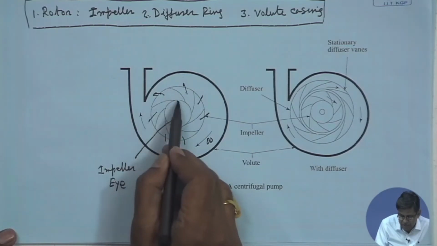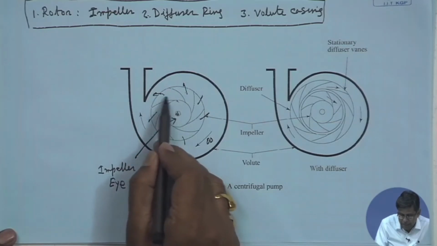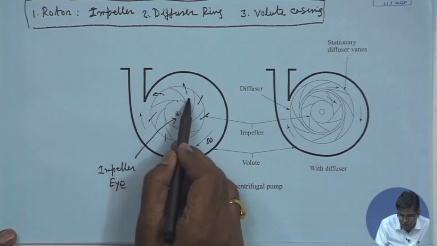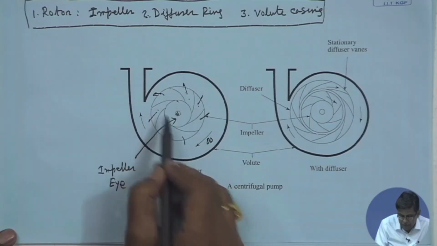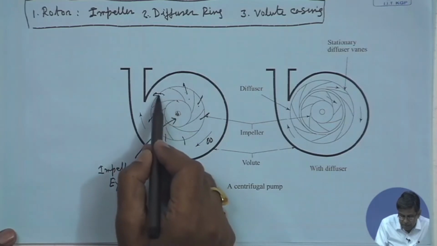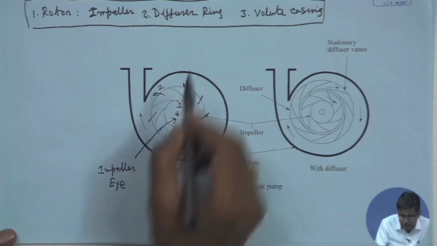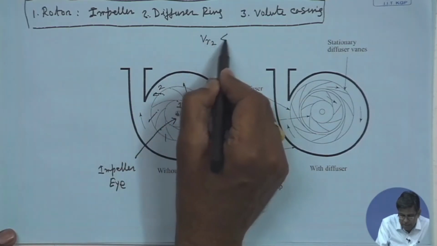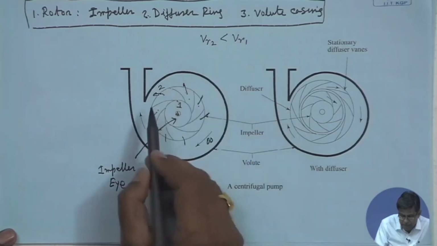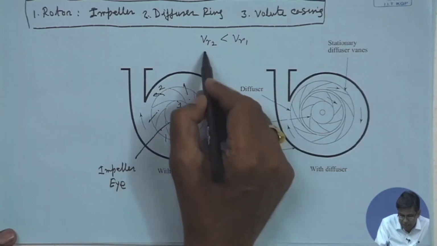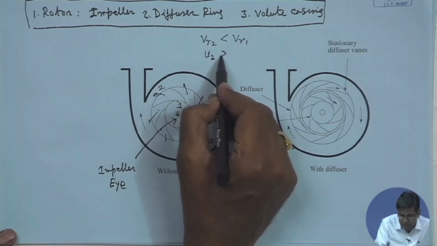You see, this gives a diverging passage, and the cross sectional area normal to the flow is increasing in the direction of the flow for each and every blade passage. That means the relative velocity at the outlet, if it is 2 at the outlet and 1 at the inlet, VR2 is less than VR1, which means that the pressure at the outlet is more than that at 1, and similarly U2 is greater than U1.